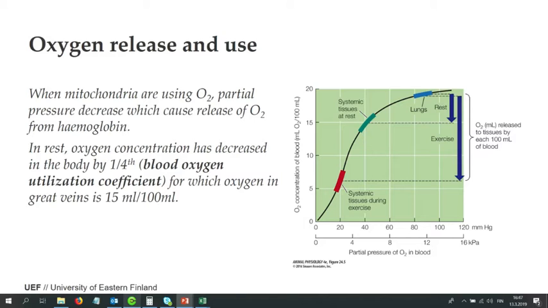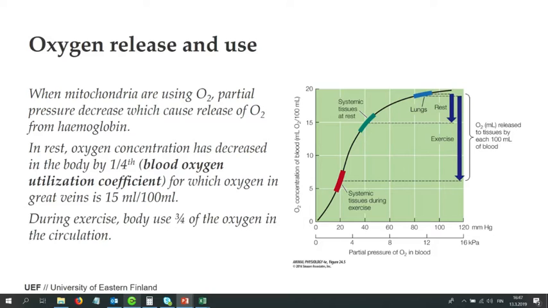So the blood oxygen utilization coefficient is about 1/4. But it can be enhanced when during the exercise we are using 3/4 of the oxygen in the circulation.